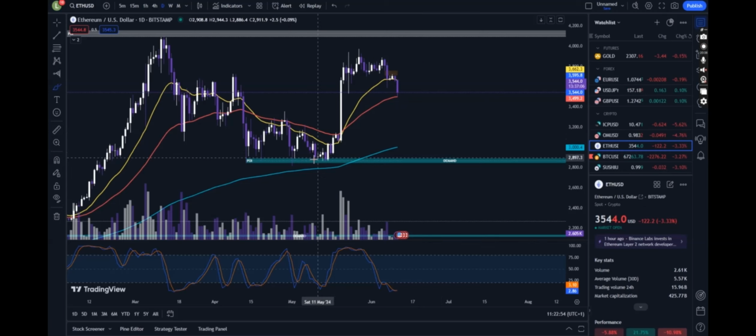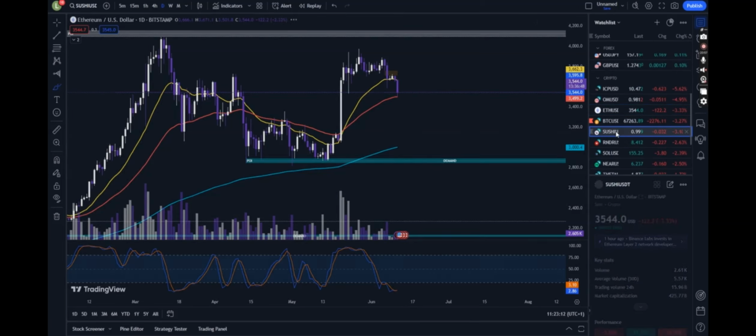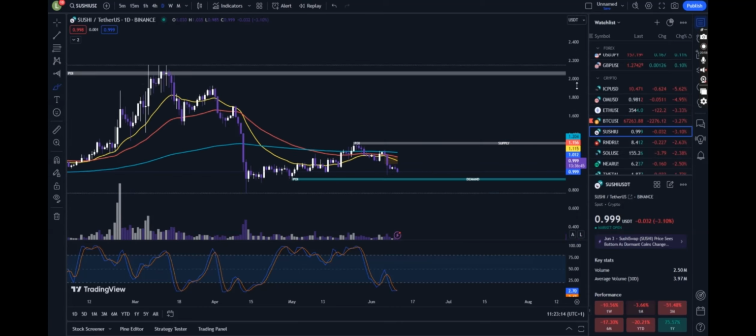So in the daily Ethereum, any point buying here right now? If anybody's buying Ethereum here, you're lost. Do not buy Ethereum here. Sushi.